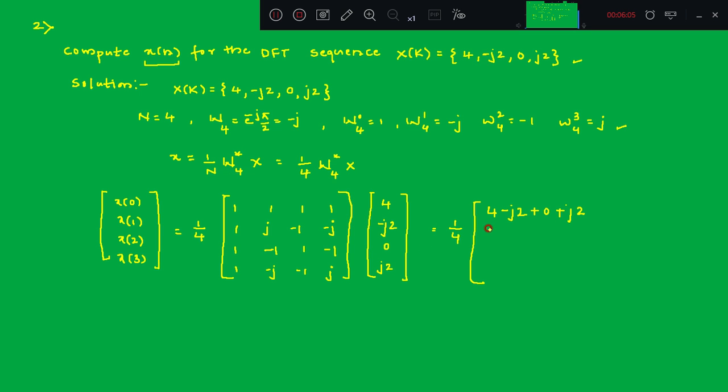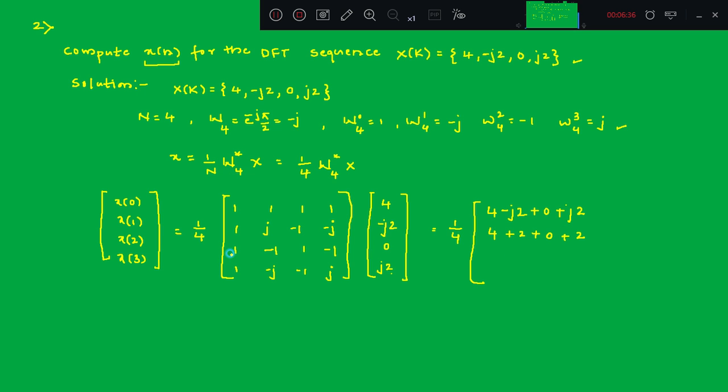So 1 into 4 is 4. j into minus j2, what will you get? You will get plus 2. Then 0. Next, minus j into plus j2 gives again plus 2.